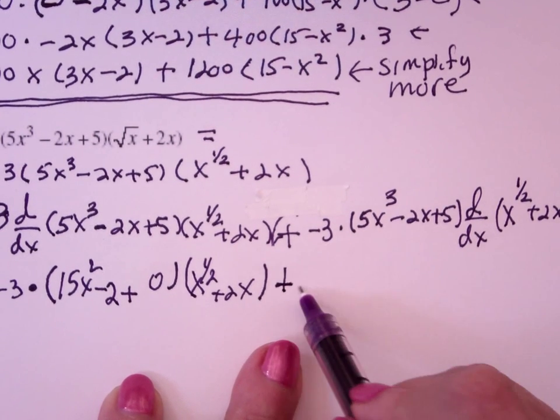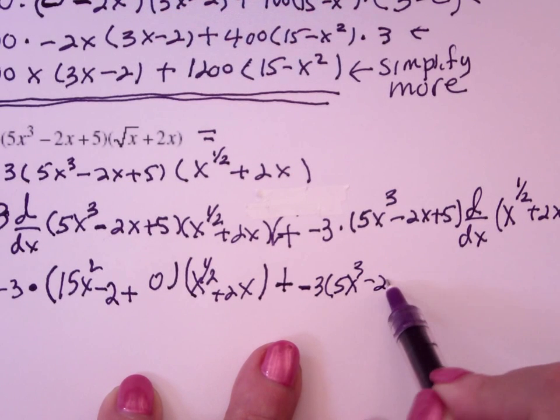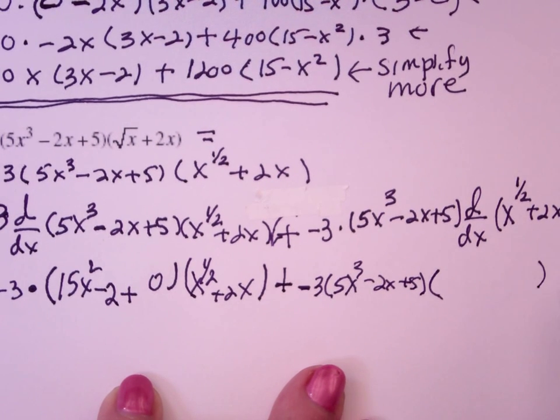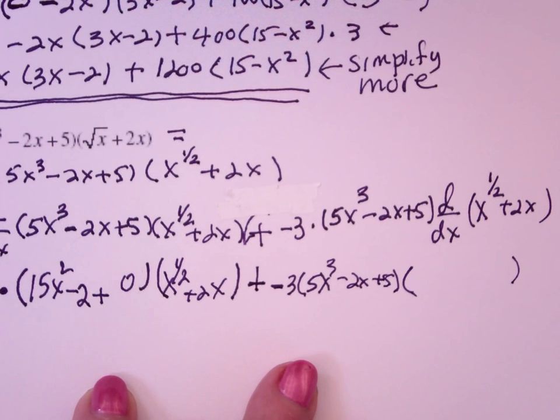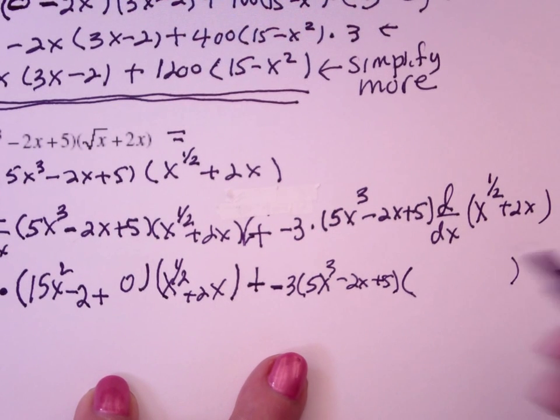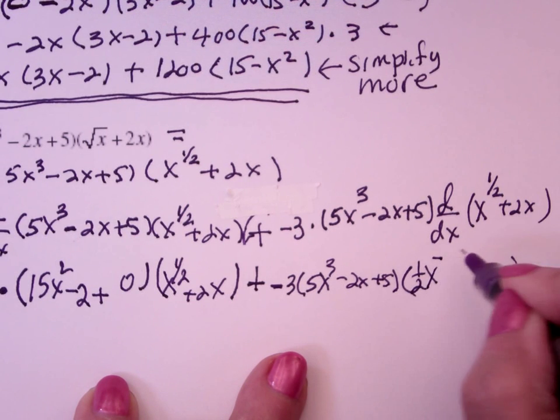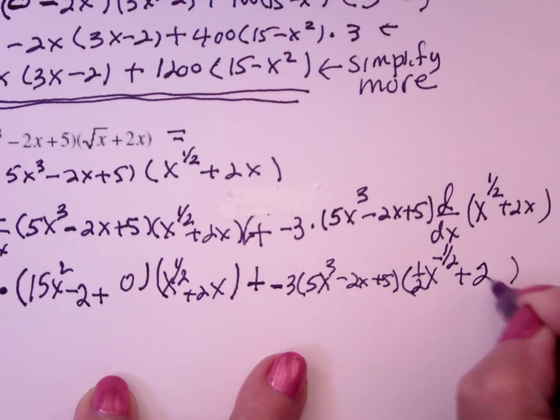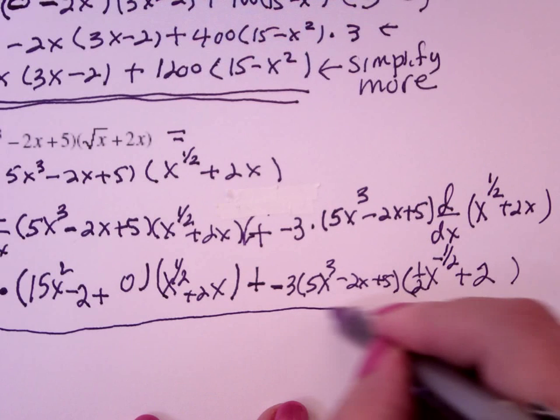Plus negative 3 times 5x cubed minus 2x plus 5, times the derivative of x to the 1/2 plus 2x. What's the derivative of x to the 1/2? x to the negative 1/2, plus 2. And that's where I would leave it.